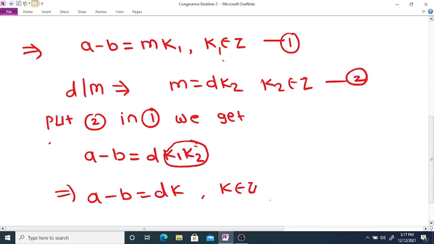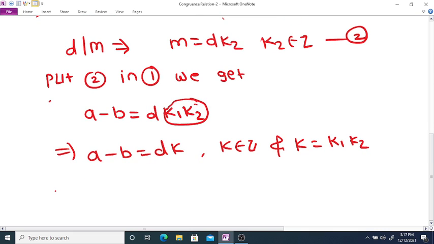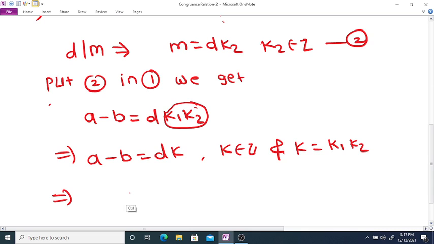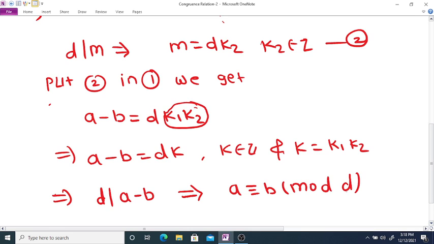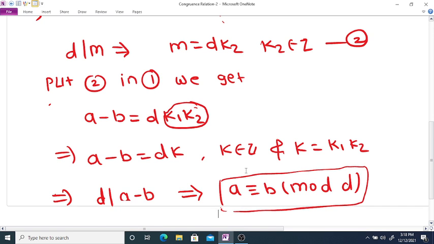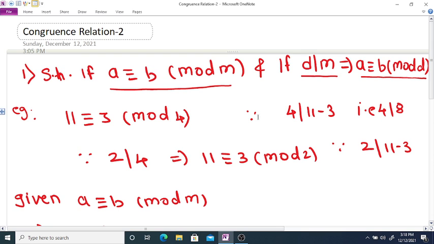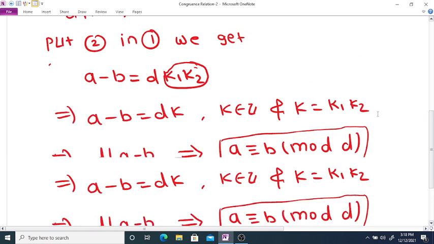From this we can say that D divides A minus B, since A minus B is a multiple of D, and from this we can write A is congruent to B modulo D. Hence if A is congruent to B modulo m and if D divides m, then A is congruent to B modulo D.